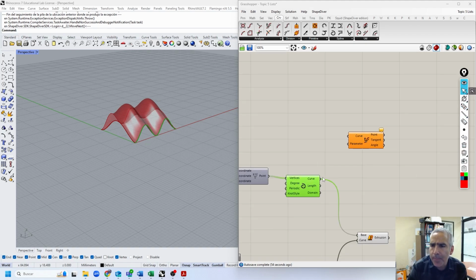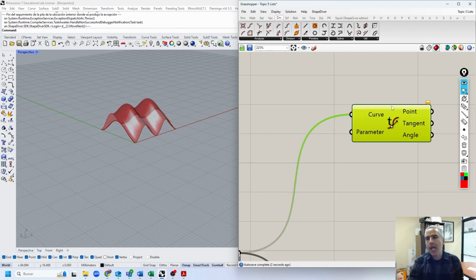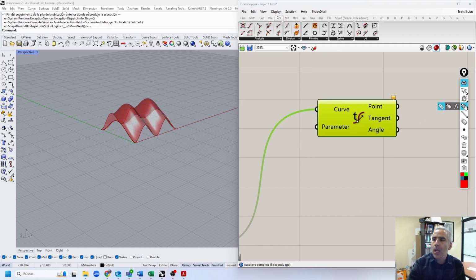If I plug in the curve here, it asks for a parameter, and in this case, a parameter is just a distance that you can walk along the curve. So imagine that this is a piece of string that lies exactly along the curve.